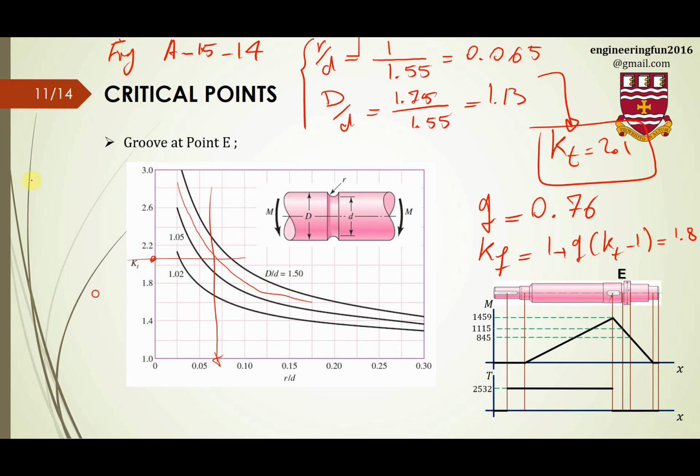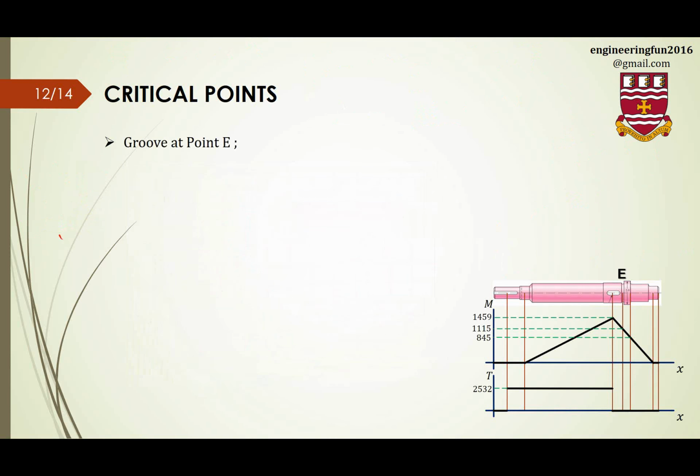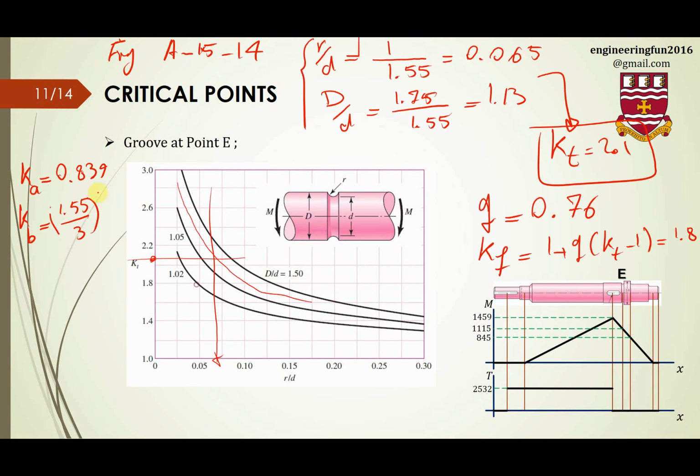Okay, so Ka is the same because that's a material property. That is what we found in the first step, 0.839. Kb in this case will be based on the diameter, 1.55 divided by 0.3, and this is 0.107.